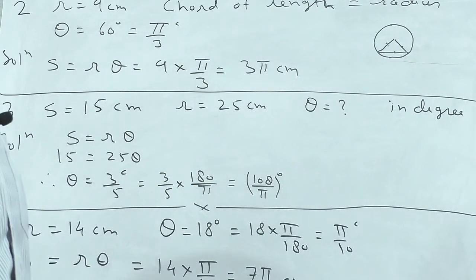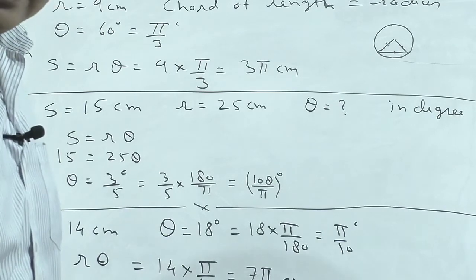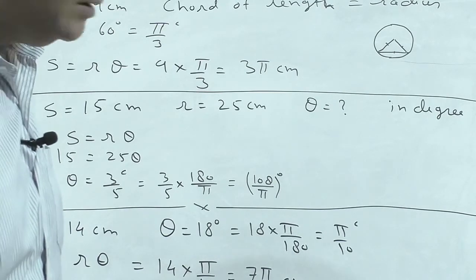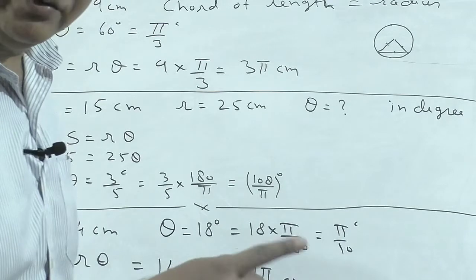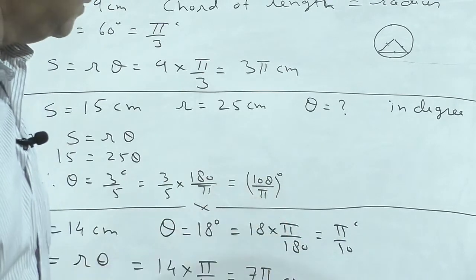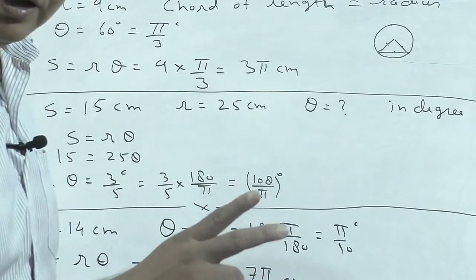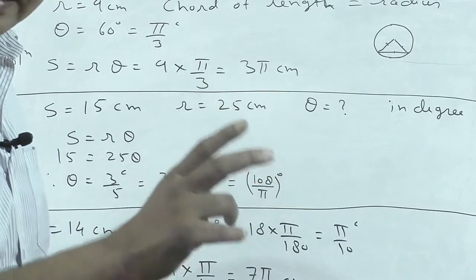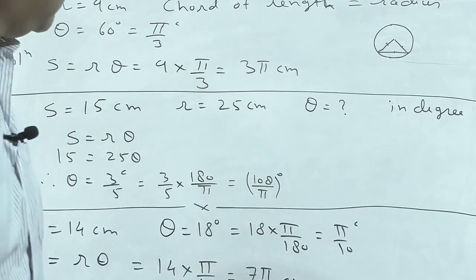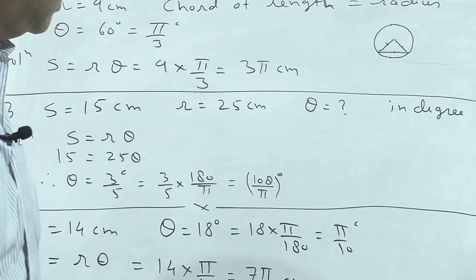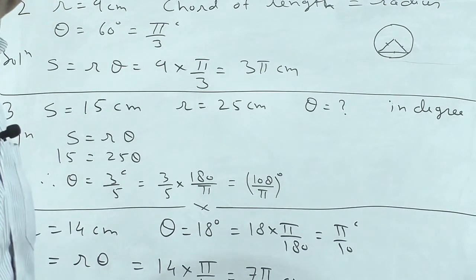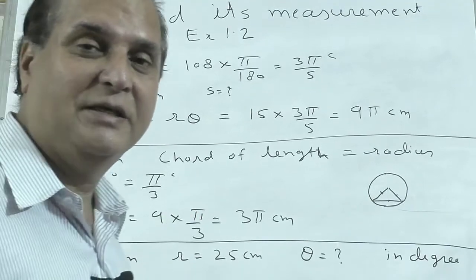You can leave it like this, or you can do more work: 108 divided by 3.14. Find the fraction, and I have already shown how to convert to degree, minute, second. Maybe around 34 degree, whatever. Minutes you find out from the fraction: whatever the fraction, multiply by 60.